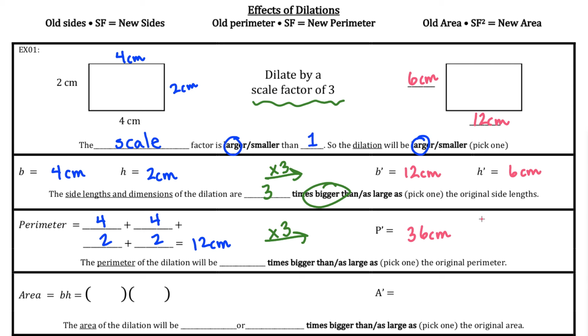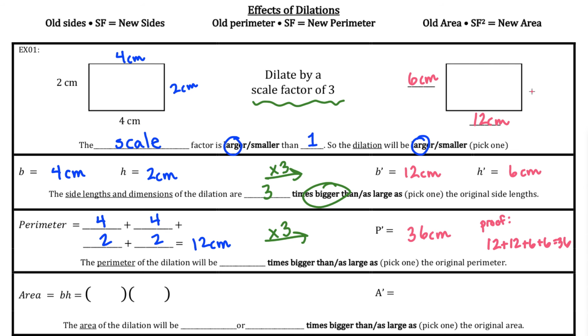And you can actually tell, this will be like our proof. You don't have to do this on your paper, it's just for the notes. 12 plus 12 plus 6 plus 6 equals 36, because 12 plus 12 is 24, plus another 12 is 36.